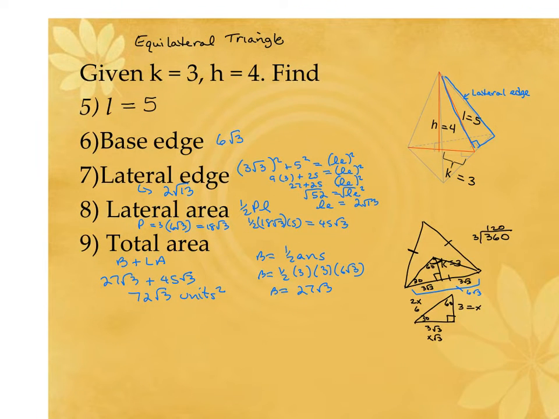For this one, these formulas only work when our base is a regular figure. So my base was actually an equilateral triangle. They told me that the length of K was 3 and the height of my pyramid was 4.